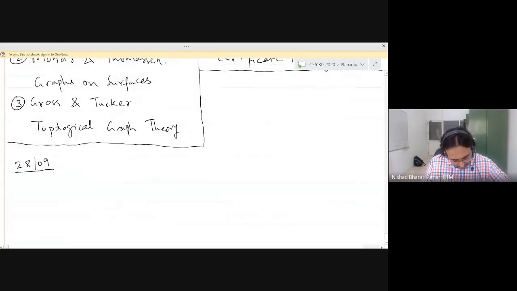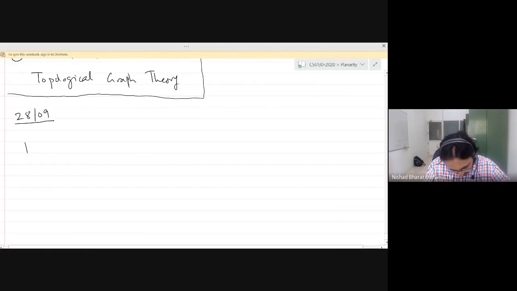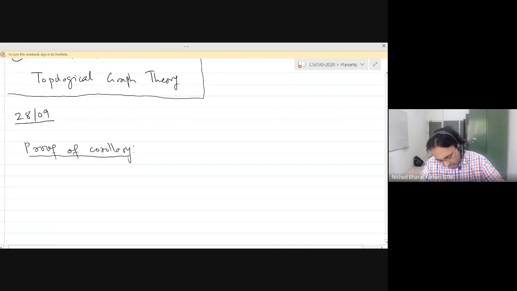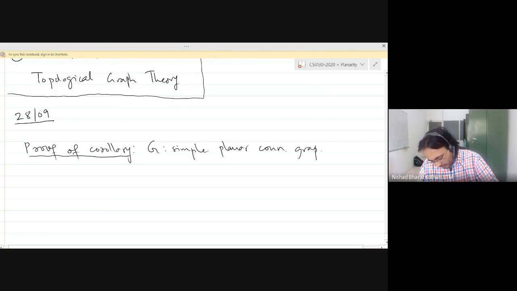Well, proof of corollary. So G is a simple planar connected graph, right?